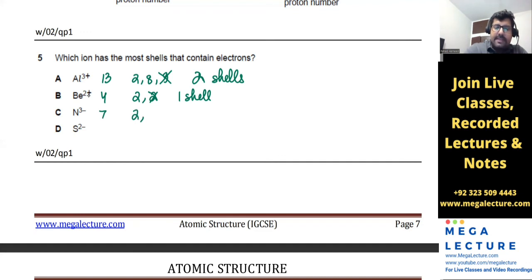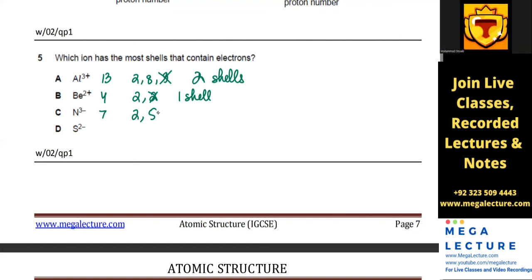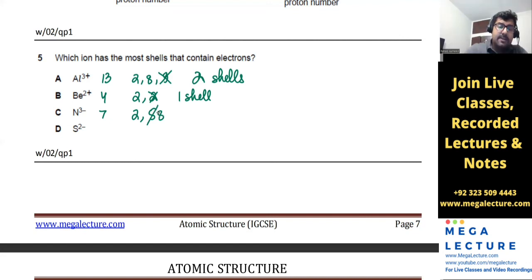So it's going to be 2 and 5, but it's got a -3 charge. So how many electrons would there be? If it had been an atom, it would be 2 and 5, but with a -3 charge, what will it be? 2 and 8, right? But it's still going to have 2 shells, right?